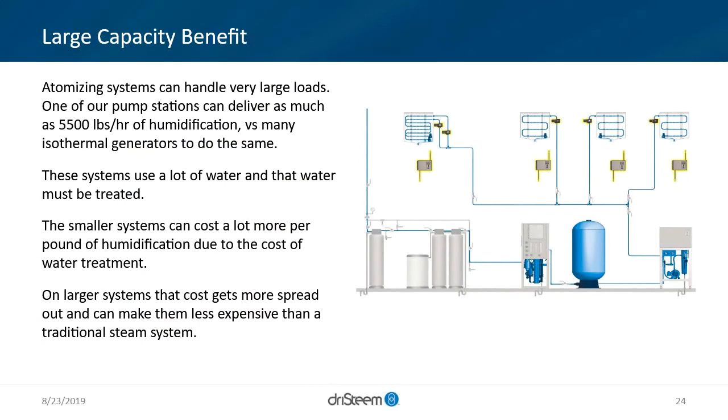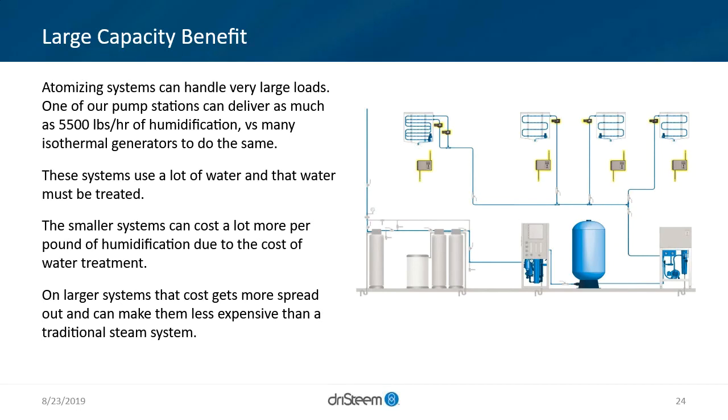From a large capacity perspective, I know we talked about up to 5,500 pounds of humidification. It would take multiple units of isothermal generators to handle that same load. The one thing is these systems do use a lot of water, and that water is treated, so it's kind of economies of scale.